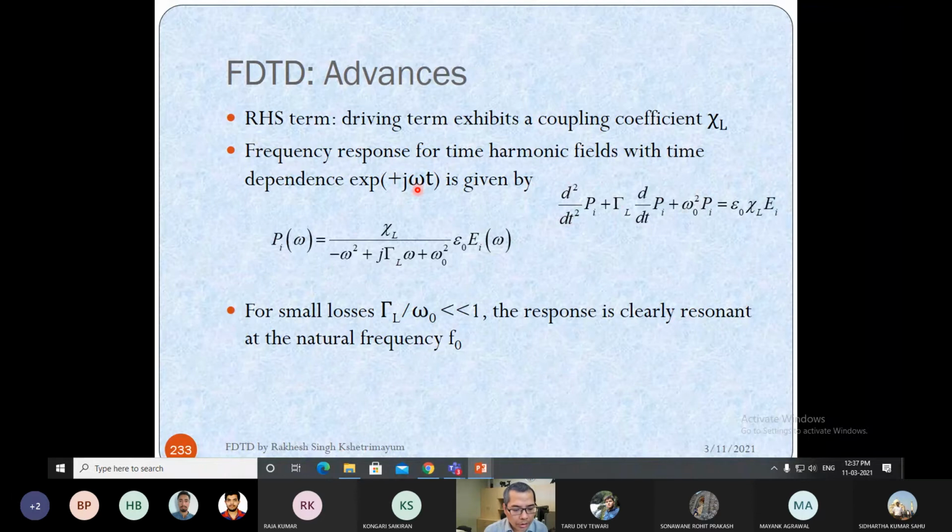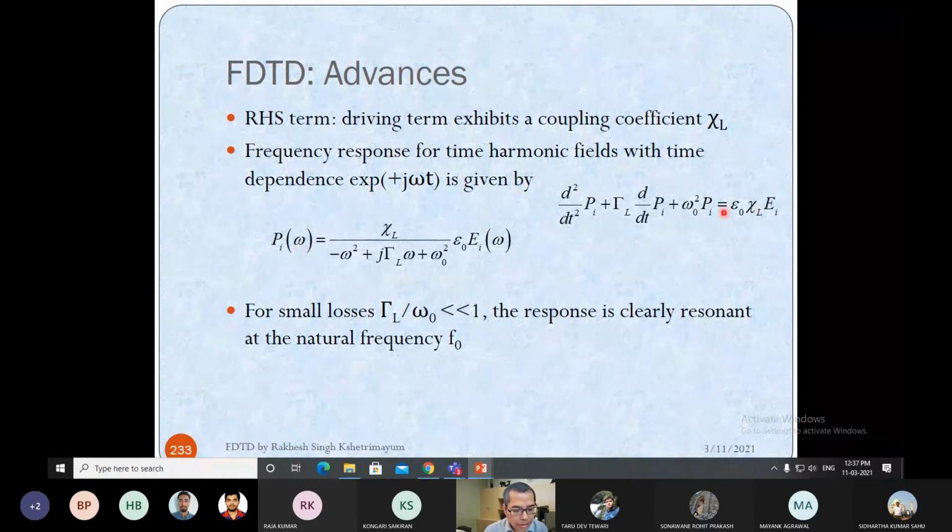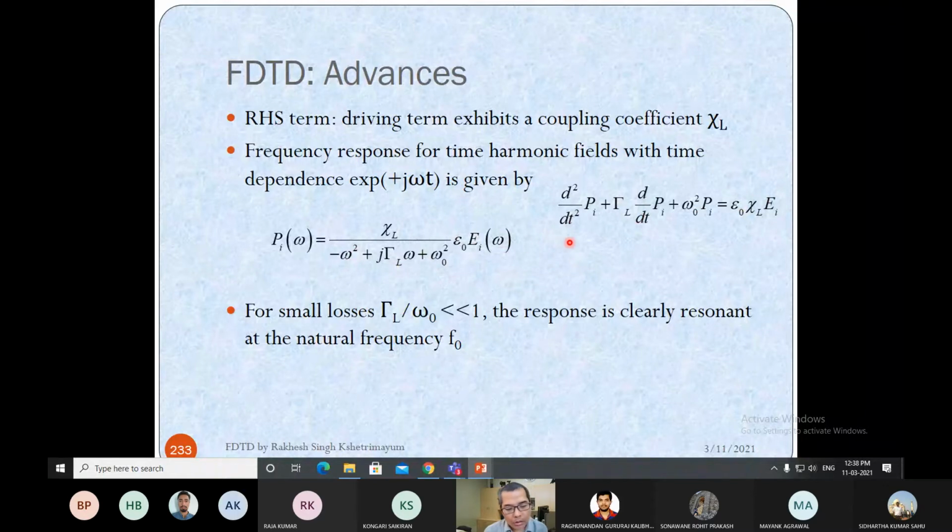So in the frequency domain, I can write P omega, where omega is the angular frequency, equal to epsilon 0 Ei omega chi L divided by minus omega square plus gamma L into j omega plus omega naught square. So this is in the frequency domain.